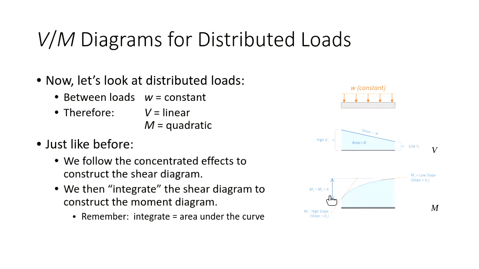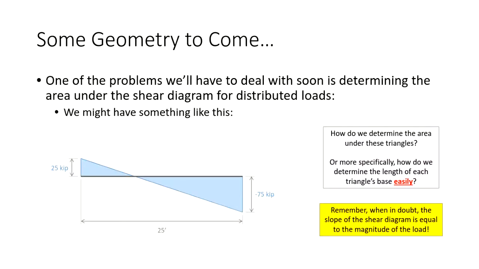Now, I want to show you something that's going to happen with distributed loads that you kind of need to be aware of, and it's a little bit of a geometry problem. So stuff like this will happen with moment or with shear diagrams, and so I want to sort of remove the mystery a bit. So I've got this region, let's say, in a shear diagram, and I made up these numbers.